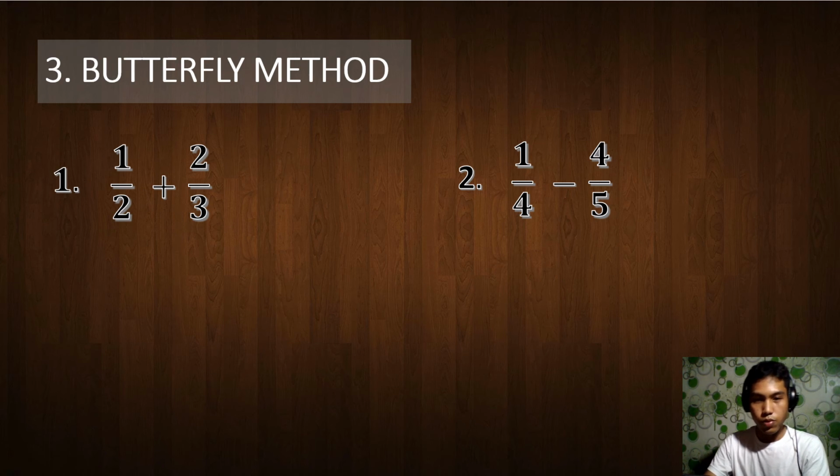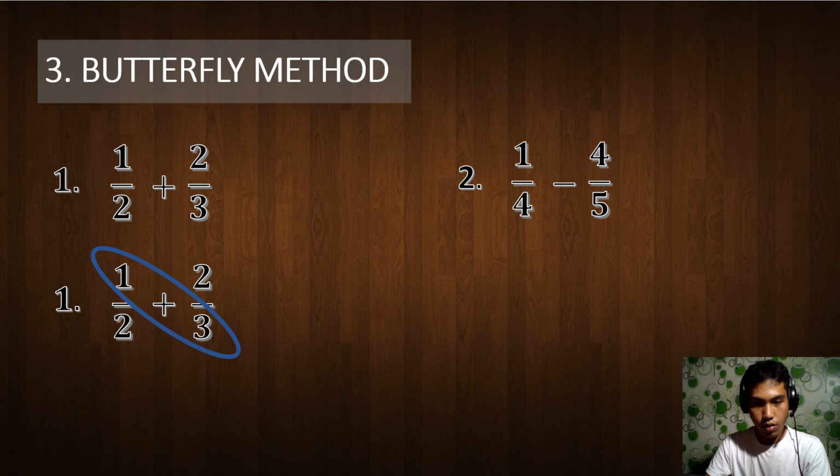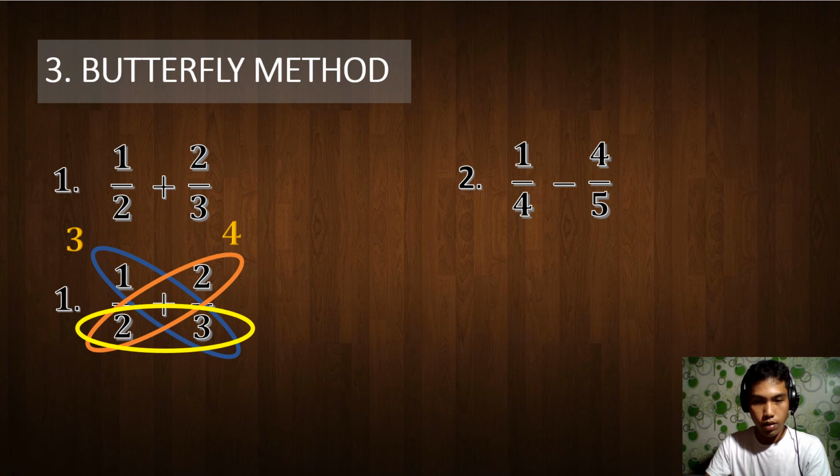So now let's proceed to the last one, the butterfly method. In the butterfly method, in number 1, we just simply multiply this part. 1 times 3, that would be 3. 2 times 2, that would be 4. And 2 times 3, that would be 6.